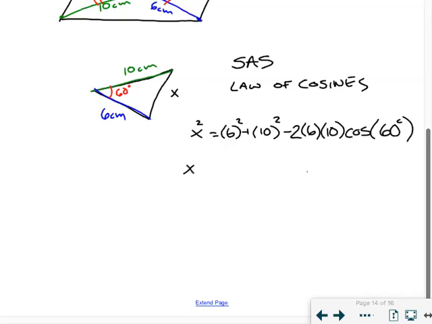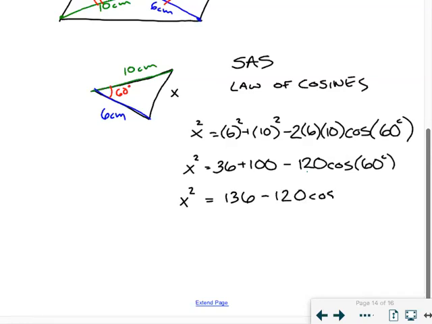Again, take your time. It's 36 plus 100 minus 120 cosine of 60 degrees, so x squared is equal to 136 minus 120 cosine 60 degrees. At this point, I'm going to enter the whole right side of the equation in my calculator: 136 minus 120 cosine 60. That gives me 76 exactly.